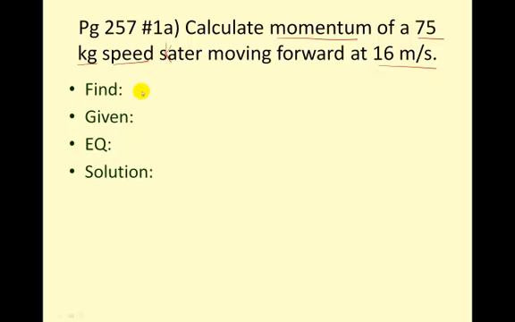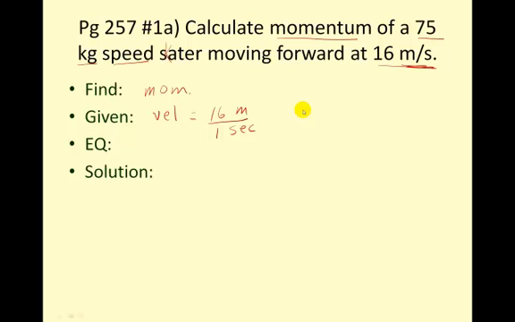So what is it we need to find? Momentum. I'll just say MOM for momentum. And what are we given? We have a velocity that is equal to 16 meters for every 1 second. I'm translating meters per second into a direct ratio, 16 meters per 1 second.